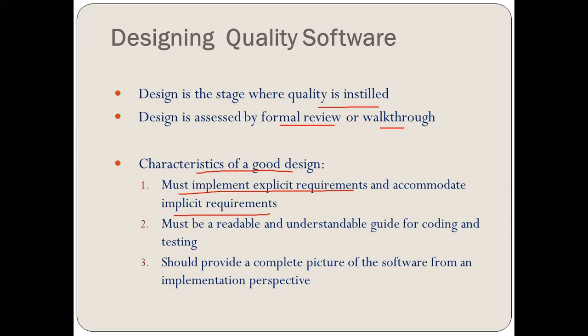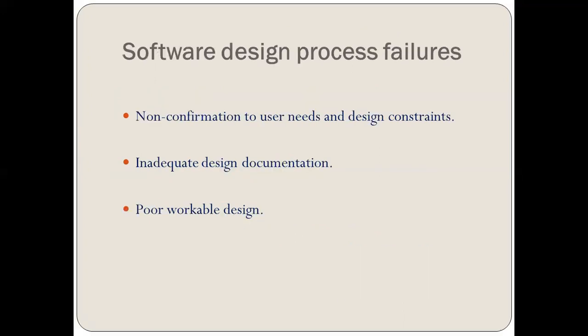We have already seen the meaning of explicit and implicit requirements in earlier lectures. It must be a readable and understandable guide for coding and testing. We have seen that this design specification will help in further coding, integration and testing. So it must be completely readable and understandable. Third, it should provide a complete picture of the software from an implementation perspective, giving a clear picture during the implementation.